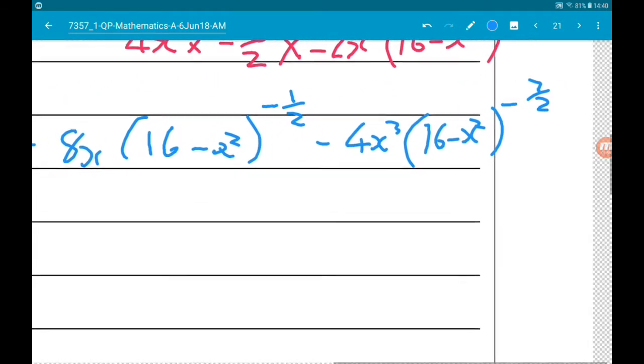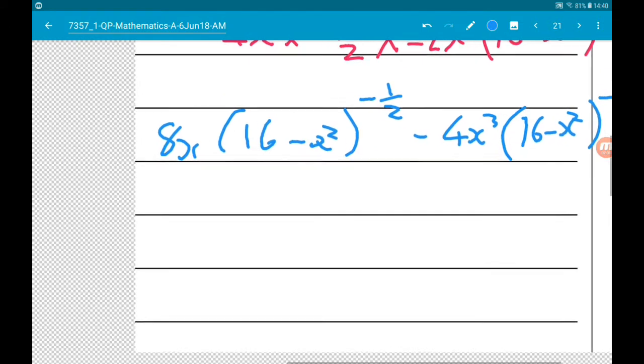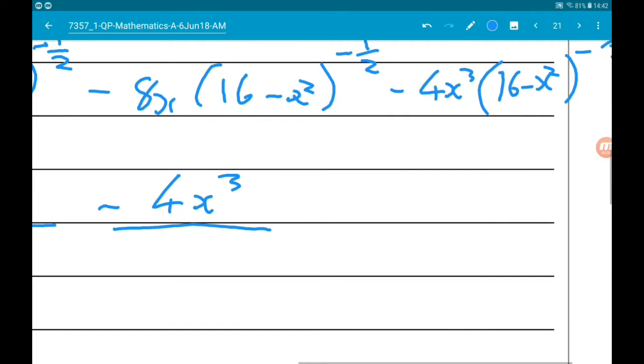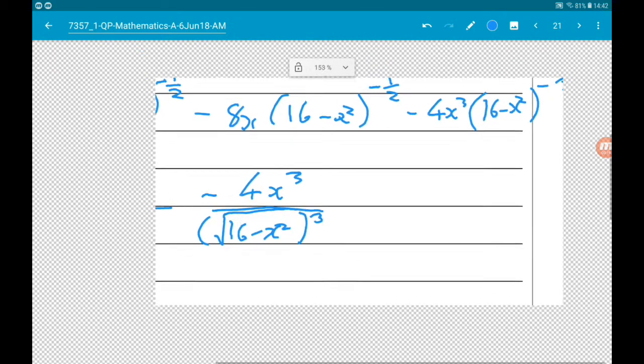And our last term is minus 4x cubed over 16 minus x squared square rooted and cubed.